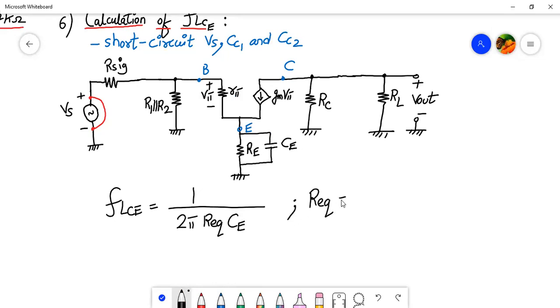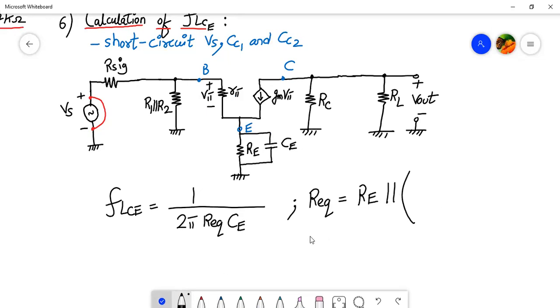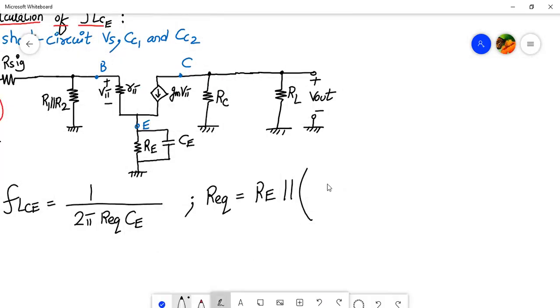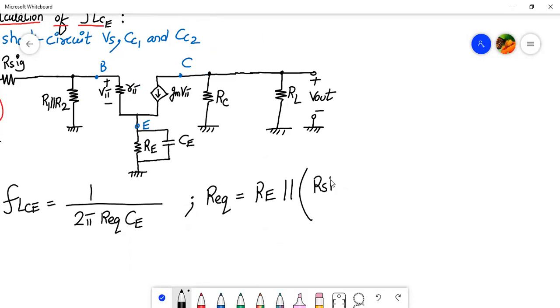It was a huge formula: RE parallel to, and then inside we had R sig parallel to R1 parallel to R2 plus R pi, the whole divided by beta. This we derived last time. Okay, so this was the formula.